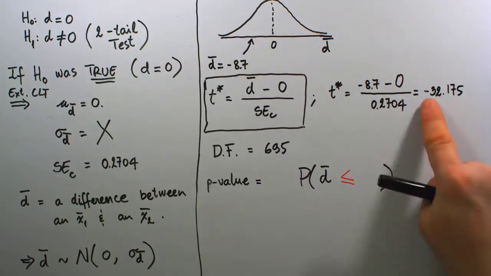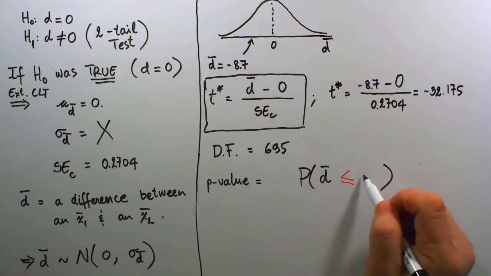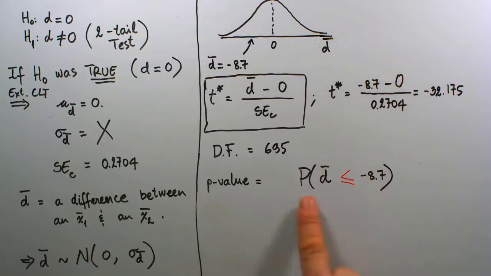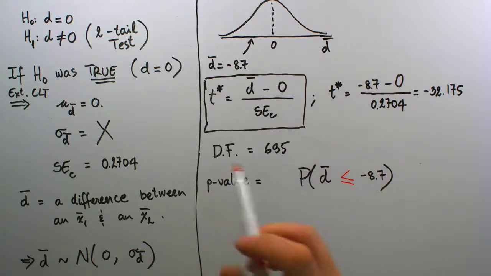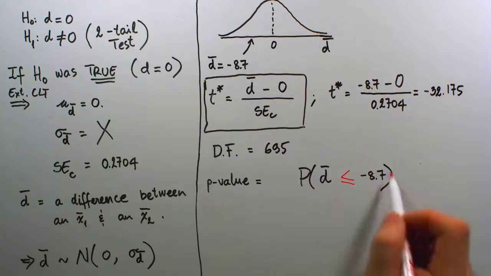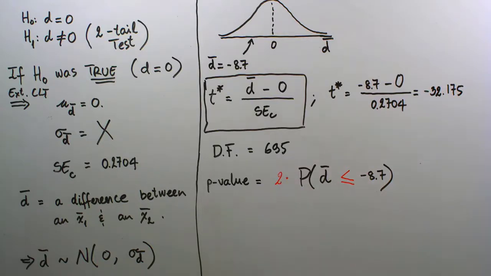So here, having a negative t-score, we are going to fire up a less than or equal inequality, and this is minus 8.7. The work for part A to calculate the p-value is simply this calculation, but now for our part C, since we're doing a two-tail test, we must multiply this probability by 2. So this is 2 times this probability.